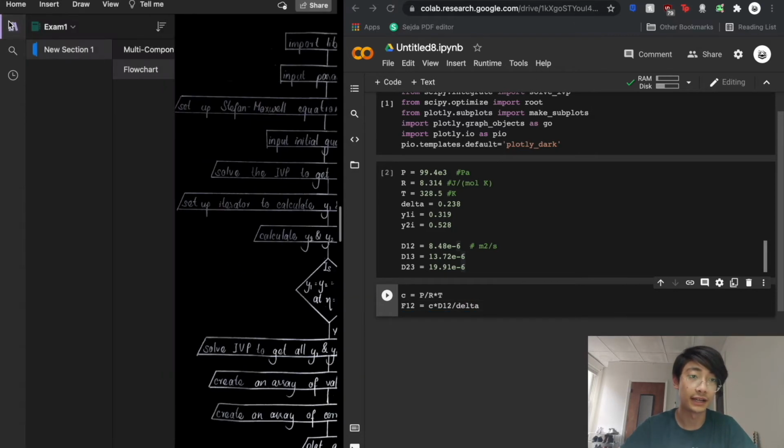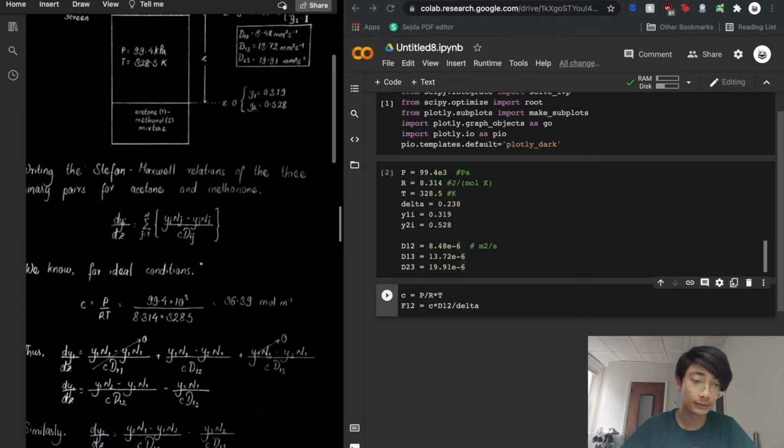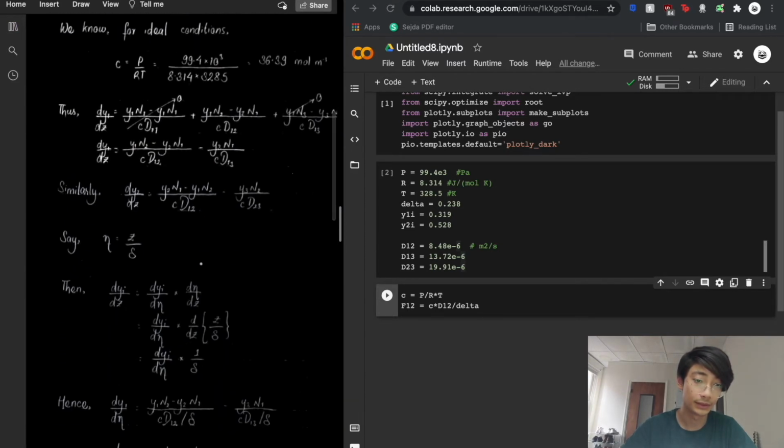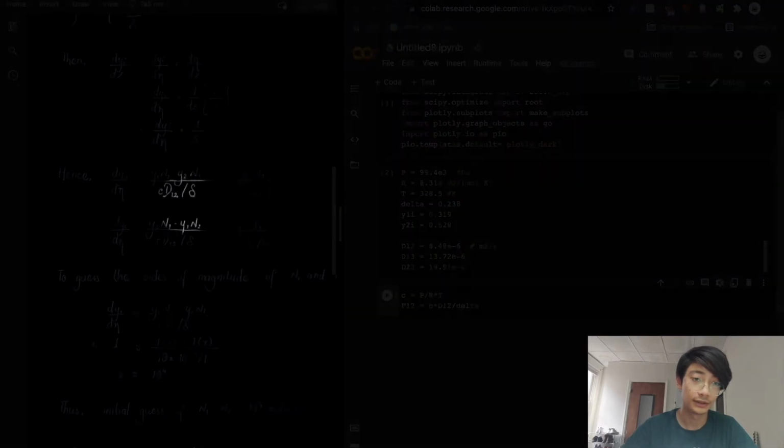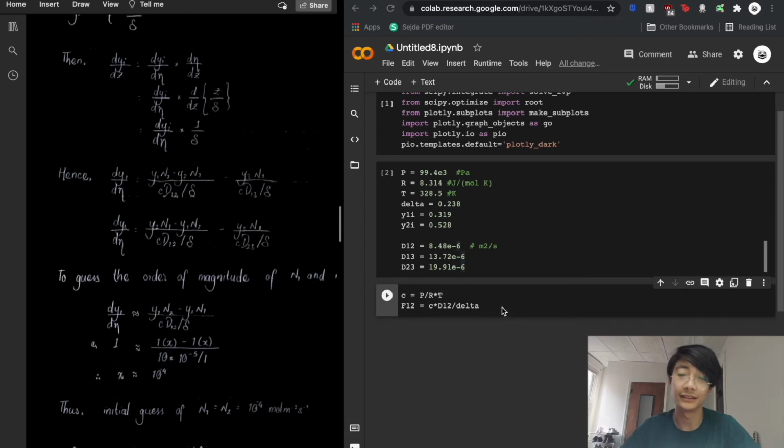And where this actually comes from is right here: this concentration times D12 divided by delta. The only reason we're doing that is because it's going to be a lot easier to type F12 than typing out this entire thing multiple times throughout the code.